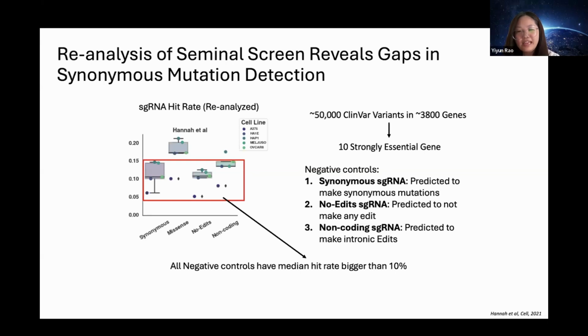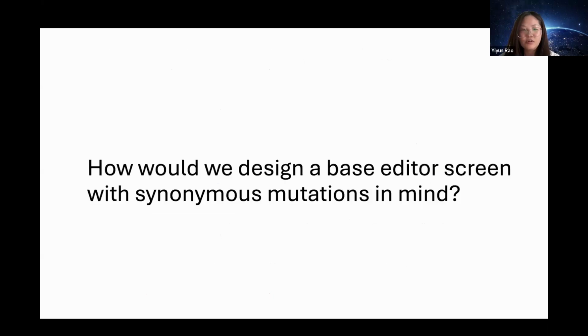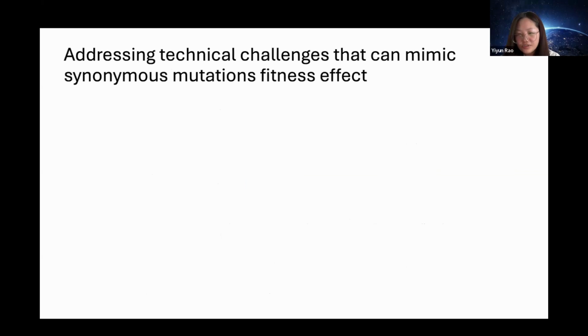And that brings us to the next part of the story: these experiments weren't designed with synonymous mutations in mind. So how would we design a base editor screen that targets synonymous mutations? To do this, we first identified some technical challenges that can lead to the false positive signals we saw in the previous slide.